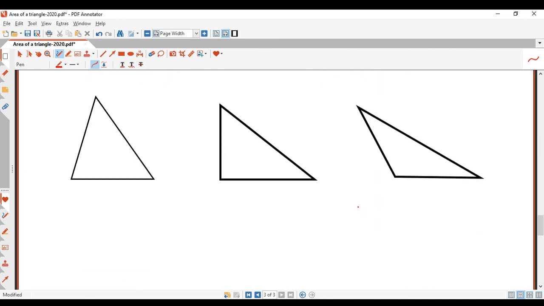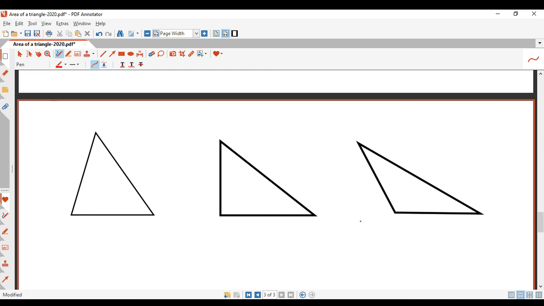Okay, so we're going to write that down as a summary down here. So for our summary, we're going to put in a dashed line there for the height. This is the base, put a little right angle there. This is the base, this is the height. Now for this one, we're going to have to just extend that baseline a little bit and then do a vertical line down from the opposite vertex.